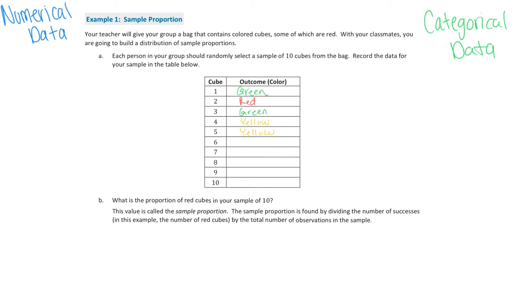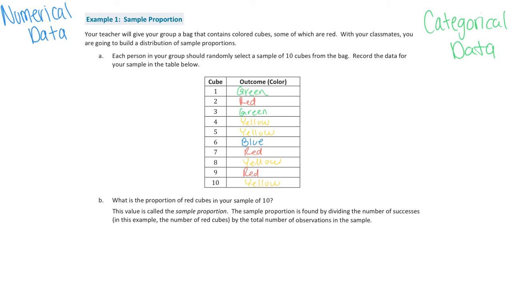Our sixth one is blue. Our seventh one is red. Our eighth one is yellow. Our ninth one is red. And then our 10th one, the last one, is yellow. Okay, so we've completed our table.